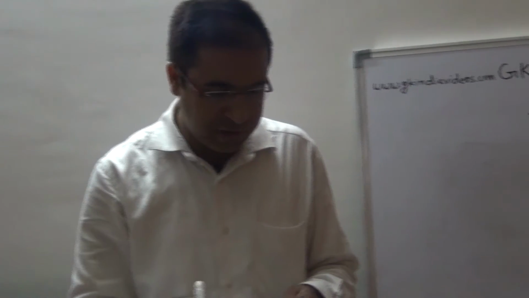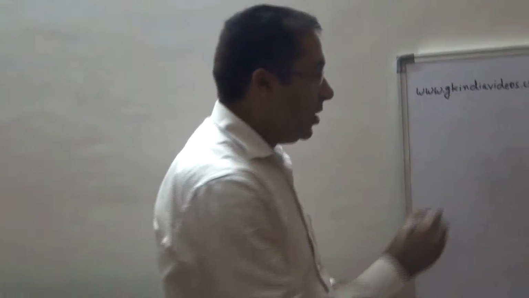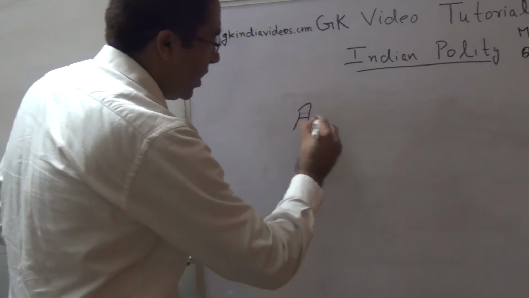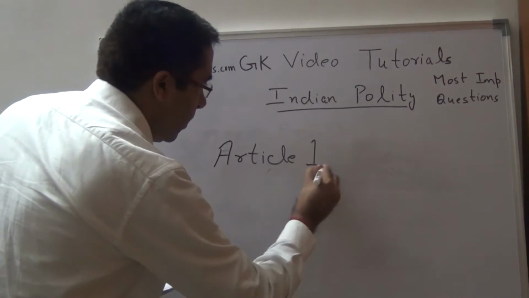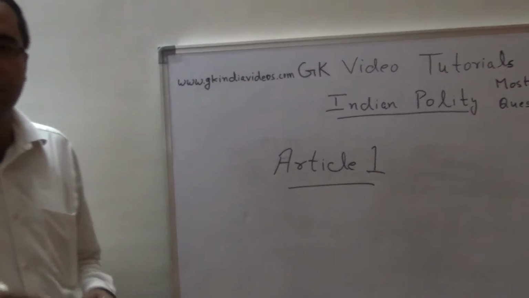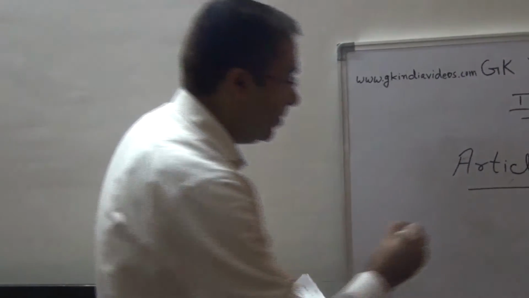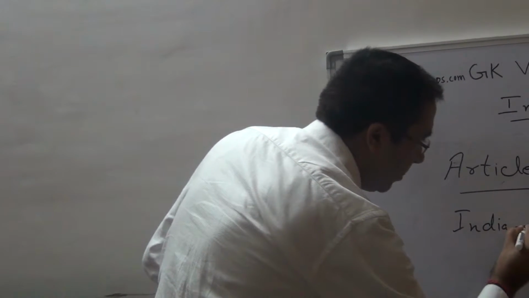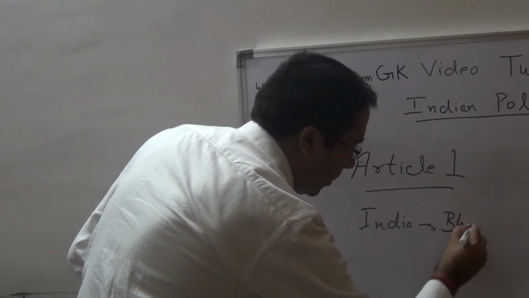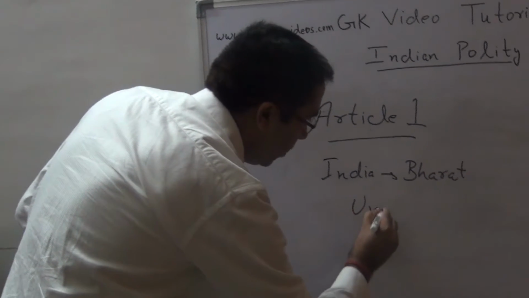Our next question is, in Article 1 of the Indian Constitution, the first article of the Indian Constitution, India is named as Bharat, and it is a union of states.